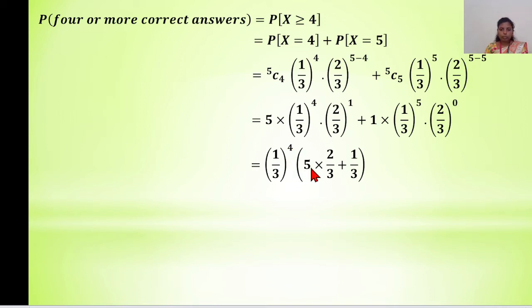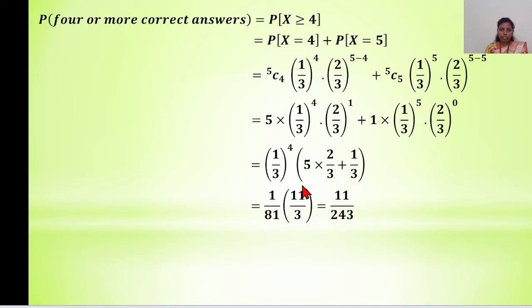The remaining terms in the second bracket: 5 into 2 upon 3 plus, taking 1 upon 3 raised to 4 as common, the remaining term is 1 upon 3. After solving, we get 5 into 2 by 3, that is 10 by 3, plus 1 by 3, 10 plus 1 is 11 by 3, and (1/3)^4 means 1 raised to 4 is 1, 3 raised to 4 is 81.